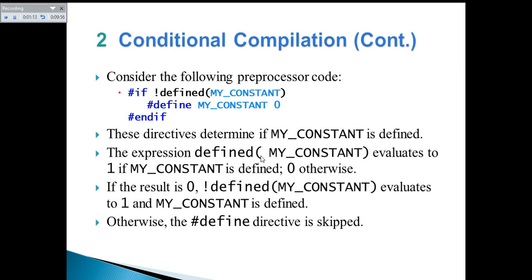So if MY_CONSTANT is not defined, defined gives 0, the negation of 0 is evaluated to 1, and MY_CONSTANT is now going to be defined with the help of the statement #define MY_CONSTANT 0. Otherwise the #define directive is skipped. If it is already defined, then the if condition will fail, and it will skip the definition.